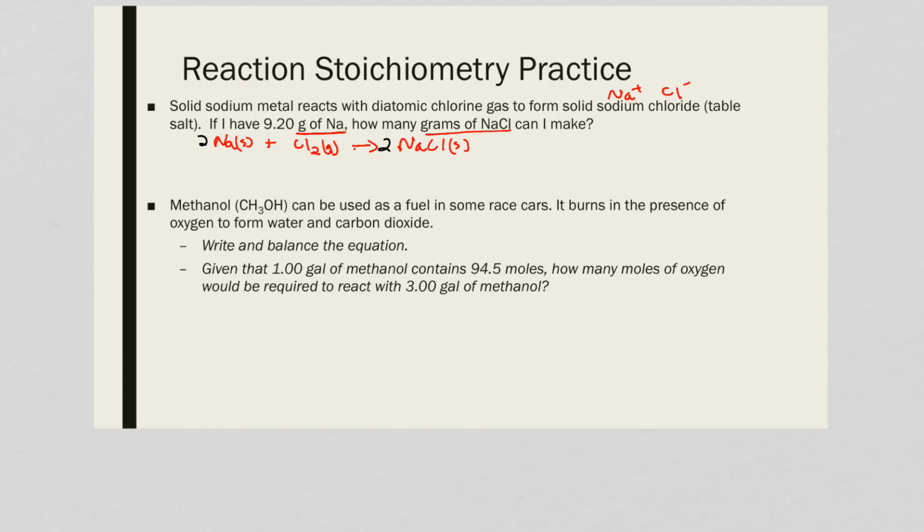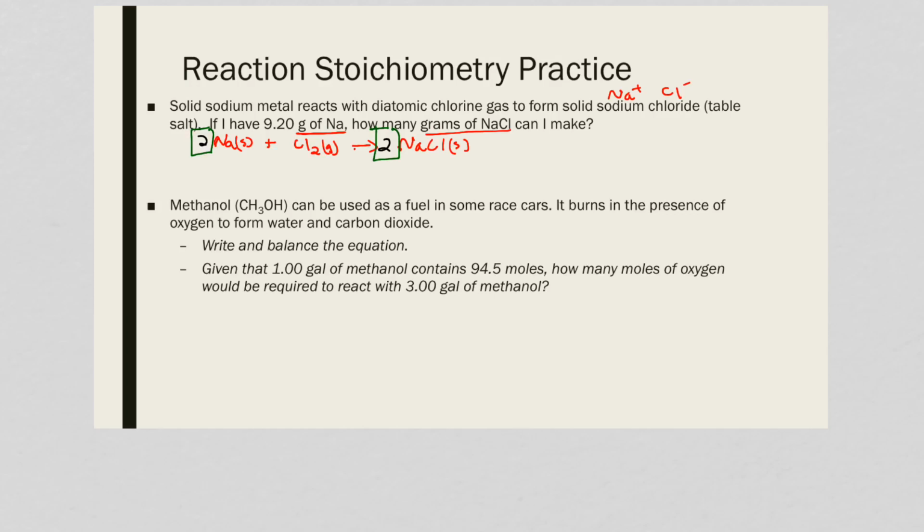I said that we're interested in the relationship between sodium and sodium chloride. So the ratio that we're going to be interested in here is that ratio between sodium and sodium chloride. So let's go ahead and do the math.